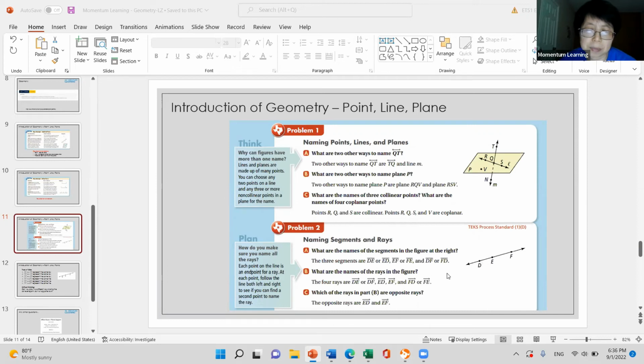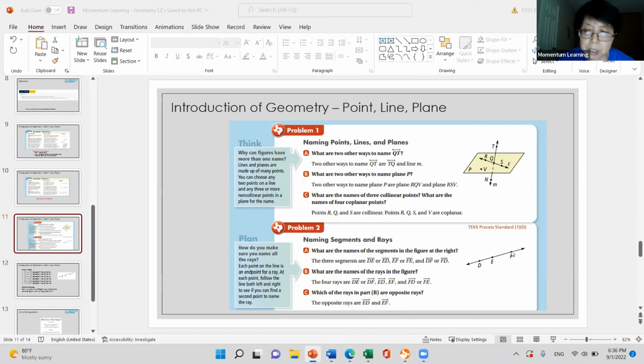Are they the same rays? Think about it. For a ray, to determine whether they are the same, you only look at the endpoint and the direction. If they have the same endpoint and the same direction, they are the same ray.